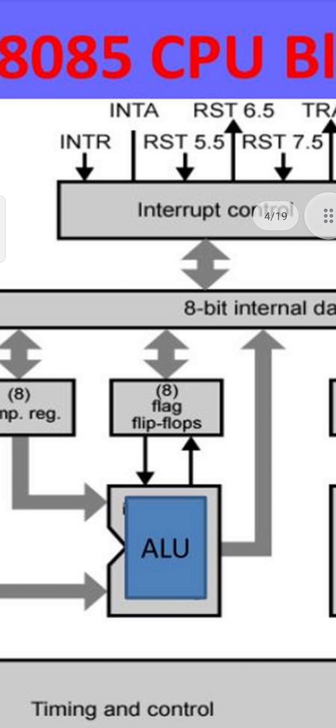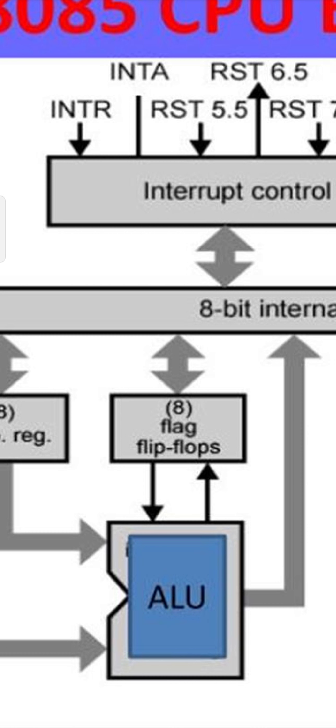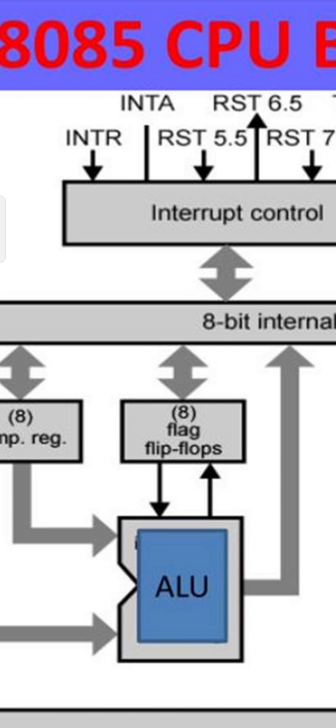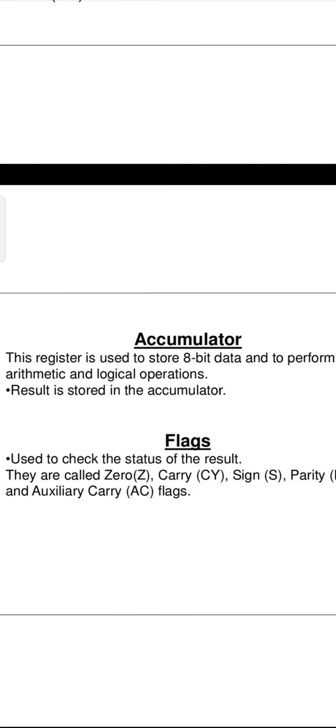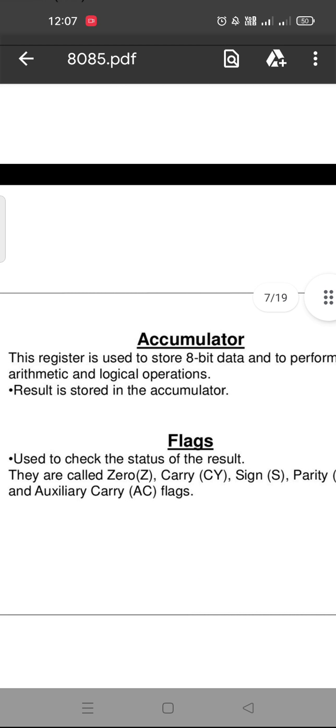After performing the ALU operations, the flag flip-flops go high or low. The flag register contains 5 flags: zero, carry, sign, parity, and auxiliary carry flags.